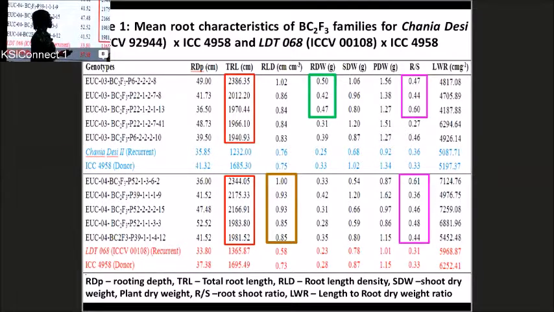We can see there was an improvement in total root length and also root dry weight, and also the root-shoot ratio, in the first cross, that is LDT 068 by ICC 4958. Again, in the second cross, we also had an improvement in total root length, root length density, and root-shoot ratio.